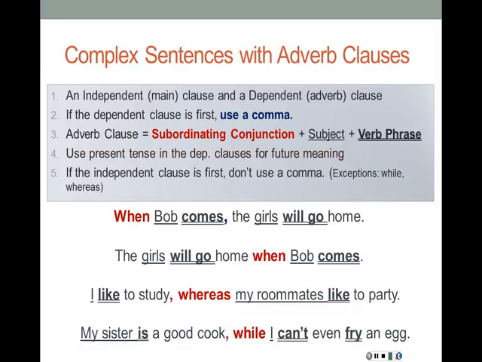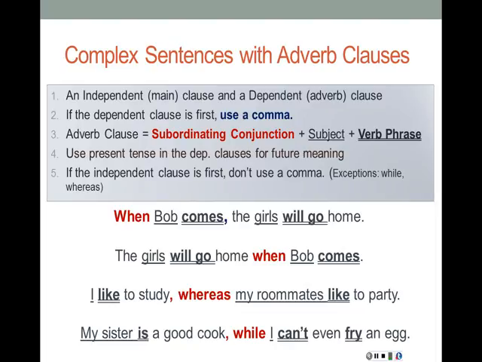For example, I like to study, comma, whereas my roommates like to party. So there's a contrast here, it's opposites. I like to study, my roommates don't. So we put whereas, the subordinating conjunction, and we put a comma even though it's in the middle. Same thing with while. My sister is a good cook, while I can't even fry an egg.